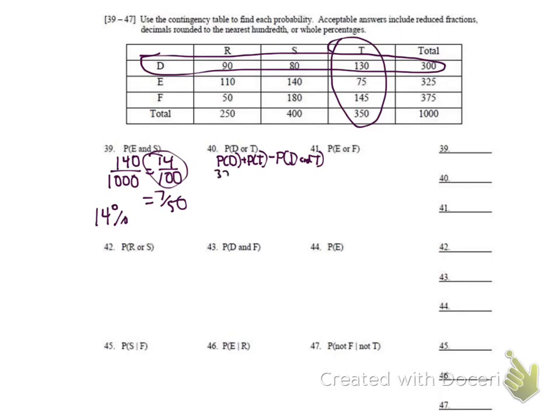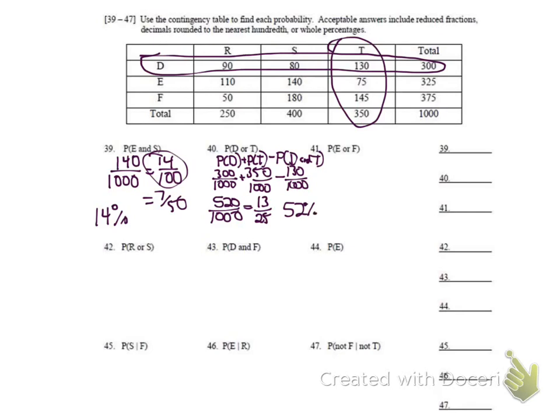So we're going to go 300 over 1,000 plus 350 over 1,000 minus 130 over 1,000. Now this comes out to be 520 over 1,000, which becomes 13 over 25, or 52%.